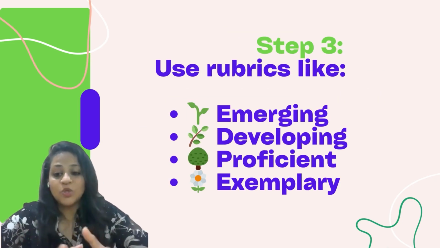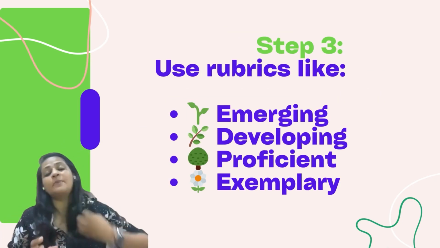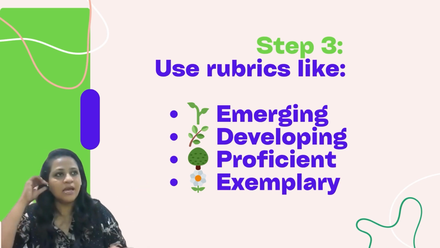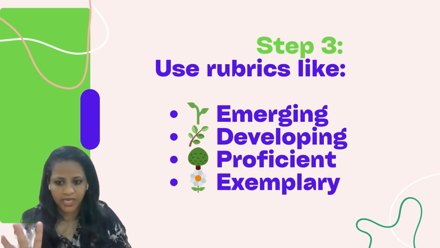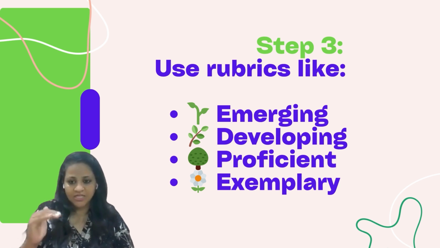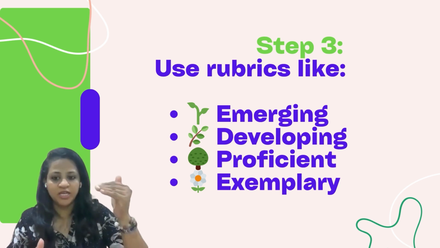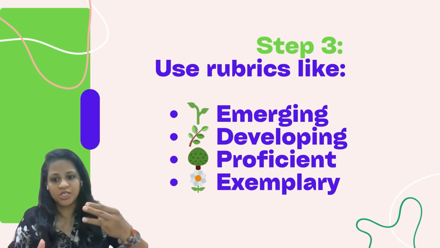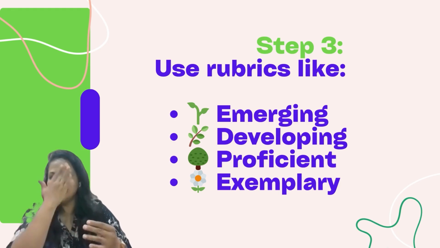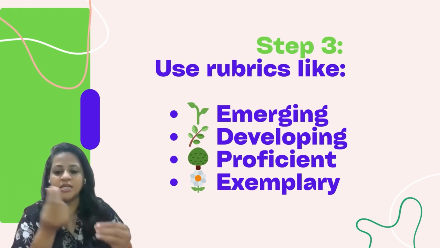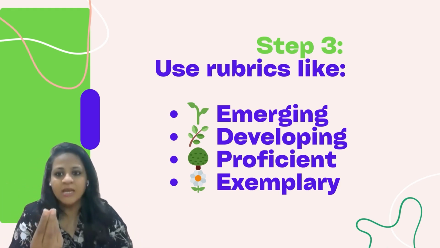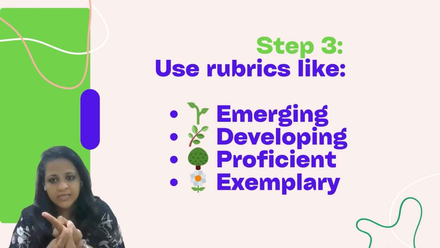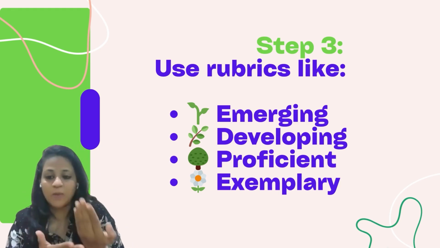Now, as I told you earlier, it is not about grades or marks. Here, children are assessed in four levels that you can see: emerging, developing, proficient, and exemplary. For emerging, I have taken a small sapling. For developing, you have a small plant.